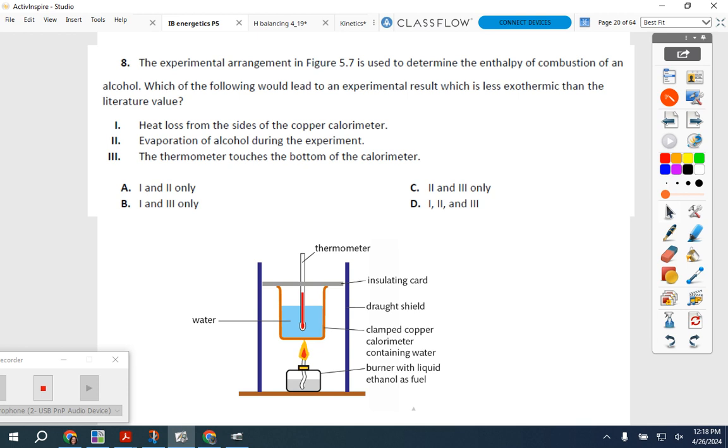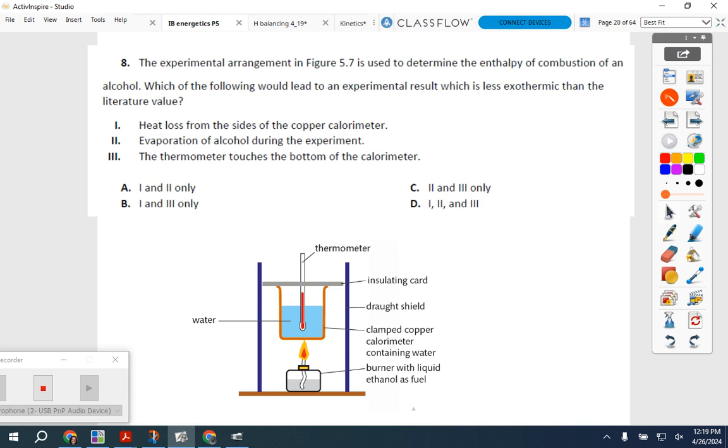If we're losing heat from the calorimeter, that is heat being lost essentially from the water, and that is temperature that is not changing. That is something we are not recording with our thermometer, because all we're recording is the change in temperature of the water. So if we're losing heat from the sides of the calorimeter, that heat is not being accounted for in our measurement of temperature.